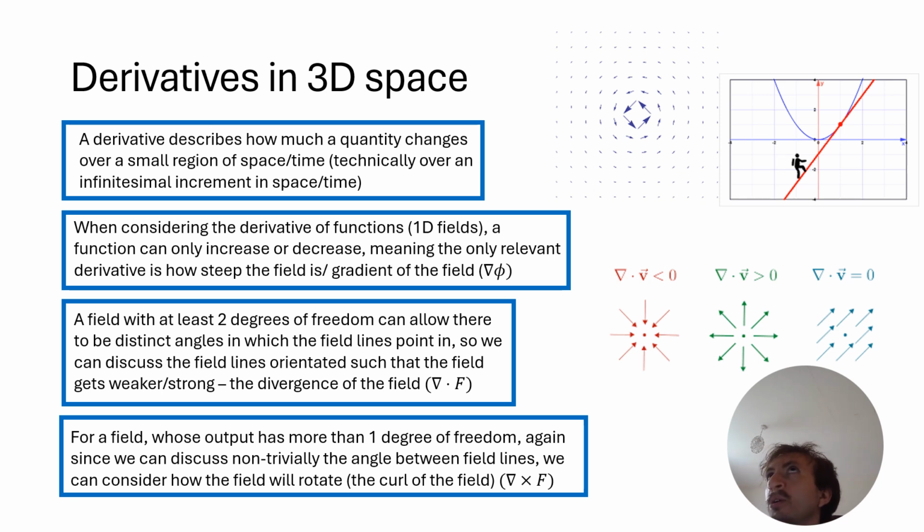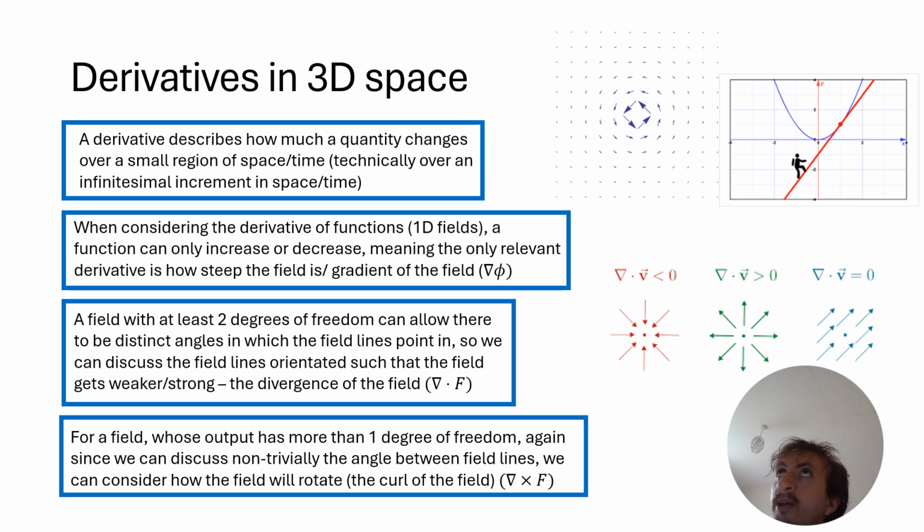The physical meaning of a field that has a non-zero curl is that the direction of the field depends on your angular position relative to the source. It depends not only on how far you are from the source, but also on your angle relative to the source.